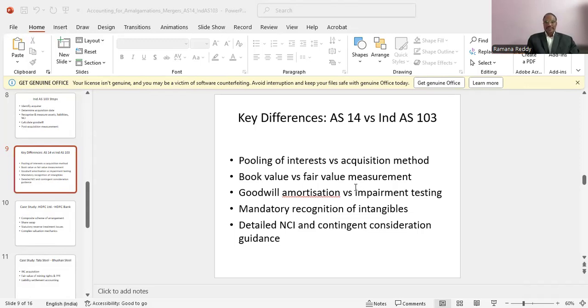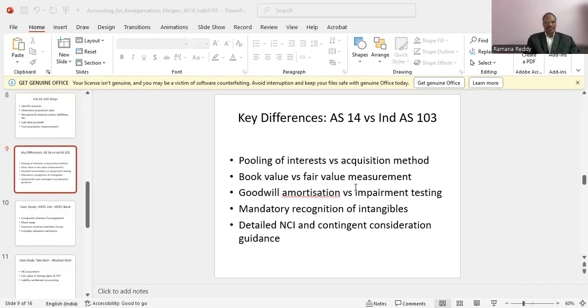And about intangibles, AS 14 merger does not separately recognize them and purchase is limited. Ind AS 103 mandates fair value recognition of intangibles if identifiable. NCI is not detailed in AS 14 merger or even in the purchase method, but Ind AS 103 has detailed measurement options.